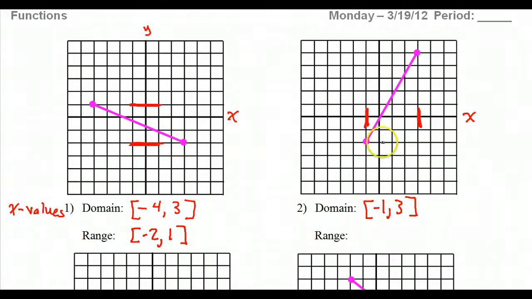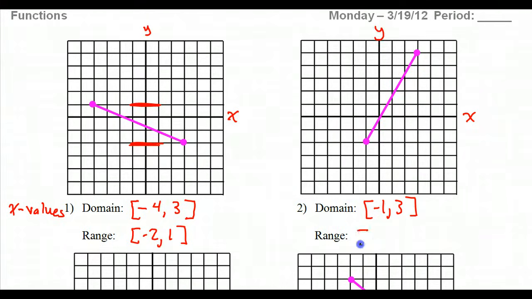Square brackets show that the endpoints are included. I should mention that the domain and range always have to be from least to greatest. So for the domain, you have to say the numbers from left to right, -1 to 3, not the other way around. For range, you have to, again, give the values from least to greatest, which in this case will mean from bottom to top.